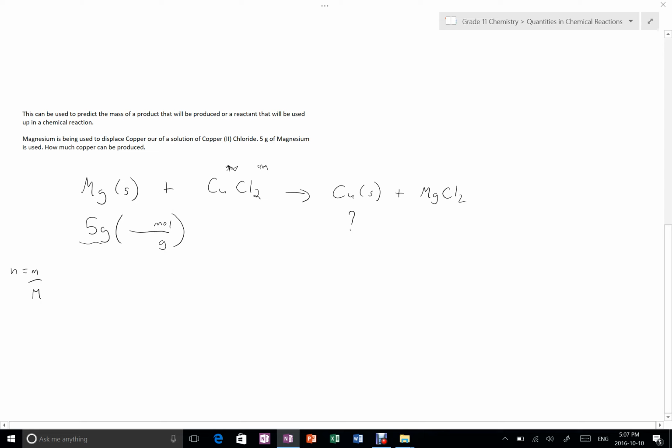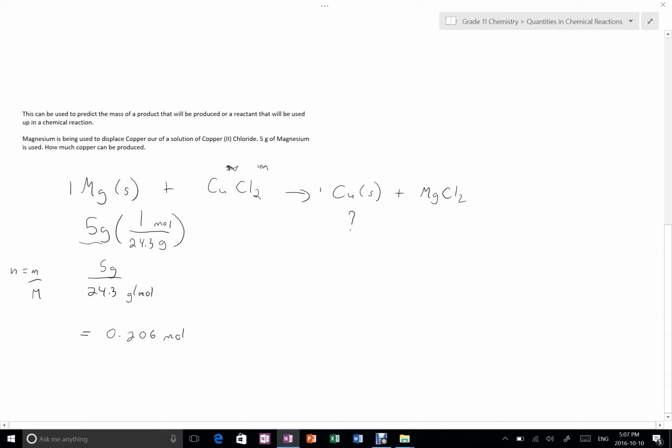In 1 mole of magnesium atoms, I have a mass of 24.3 grams, and so it's 5 divided by 24.3. Or if you prefer, I have 5 grams of magnesium divided by the 24.3 grams per mole molar mass of magnesium, to say that that 5 grams represents 0.206 moles of magnesium.